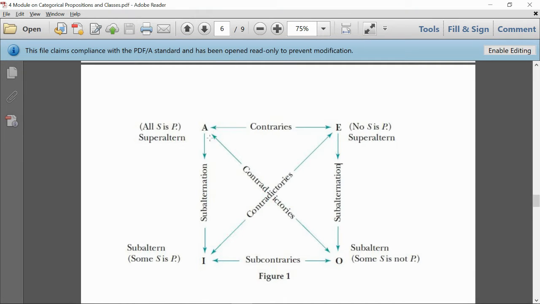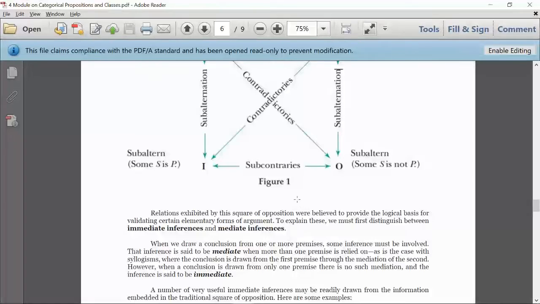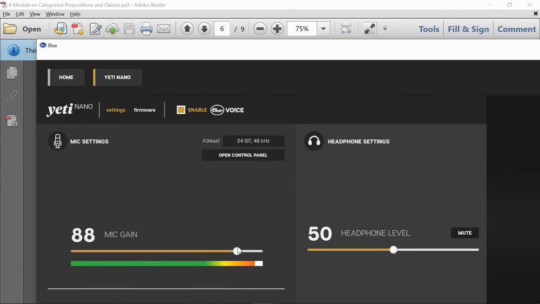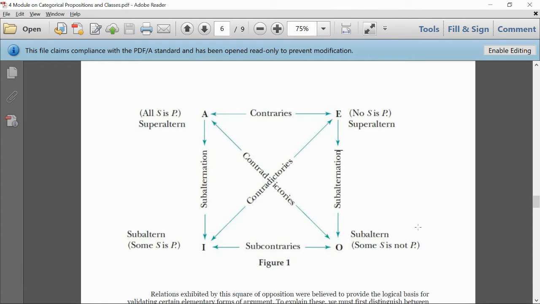What does this mean? It means that first, when there's a contradictory, only one of them is true. For example, when you say all S is P, let's go back to the given proposition: all politicians are liars.